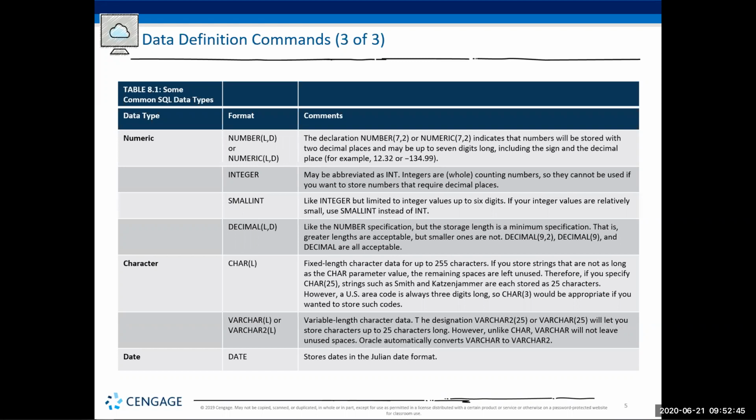So that makes it inefficient and a waste of resources. So sometimes we identify the parameters to help the computer, the database, and the software be a little more efficient in storing data. So again, just a quick reminder, every attribute has a data type, which is a very important concept here.